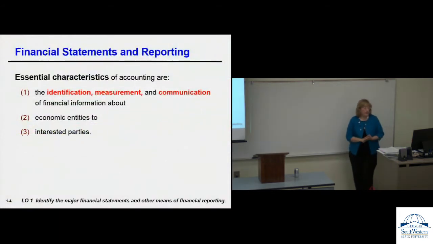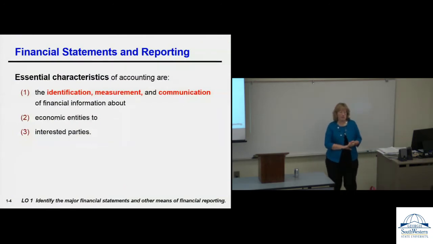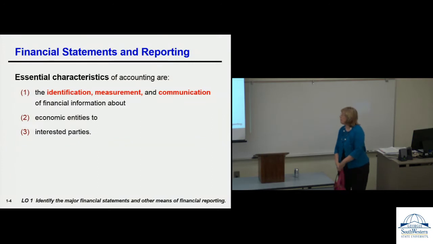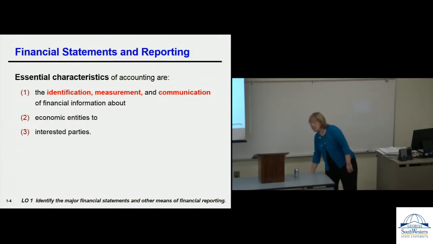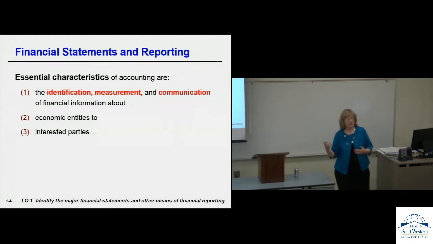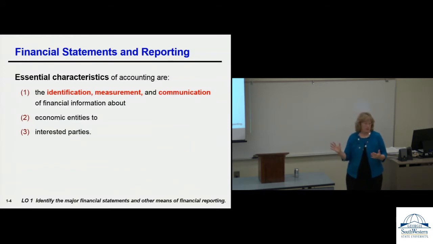Okay, so as far as the financial statements, what are we concerned about? Well, first, the type of accounting that we're worried about is identifying and measuring the financial information, okay?